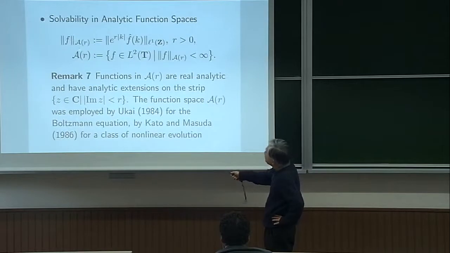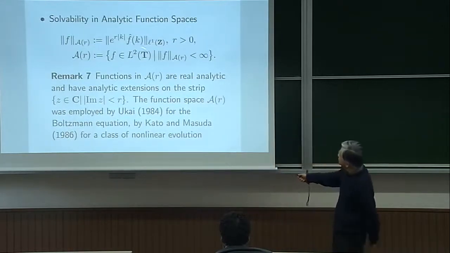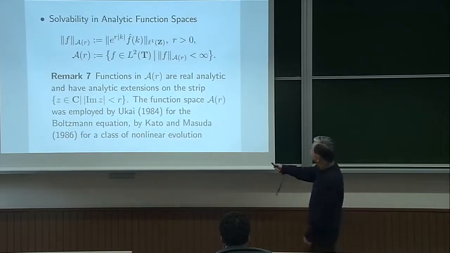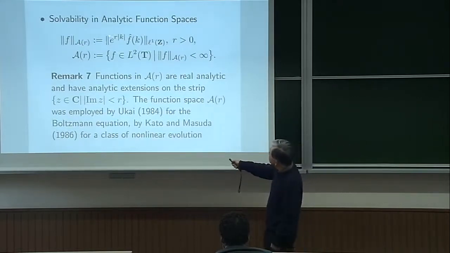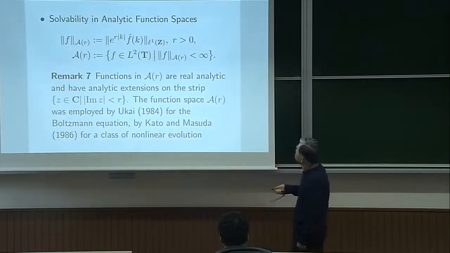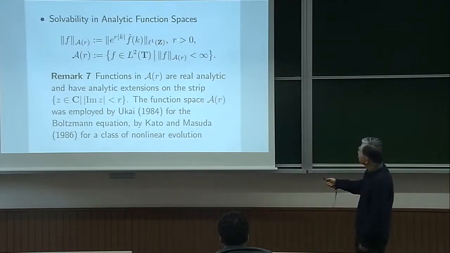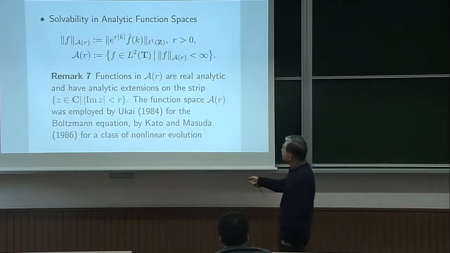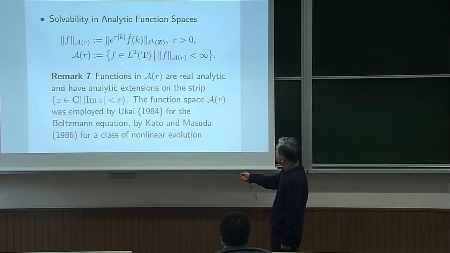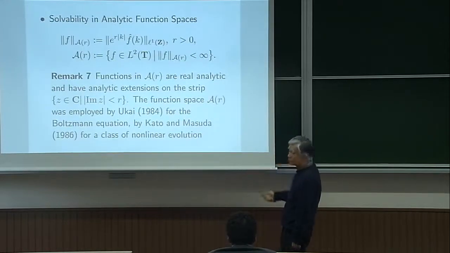The norm of space A is defined as the small l1 norm of e to the r times k times f hat, for positive r. And space A is defined as f in L2 such that this norm is finite.